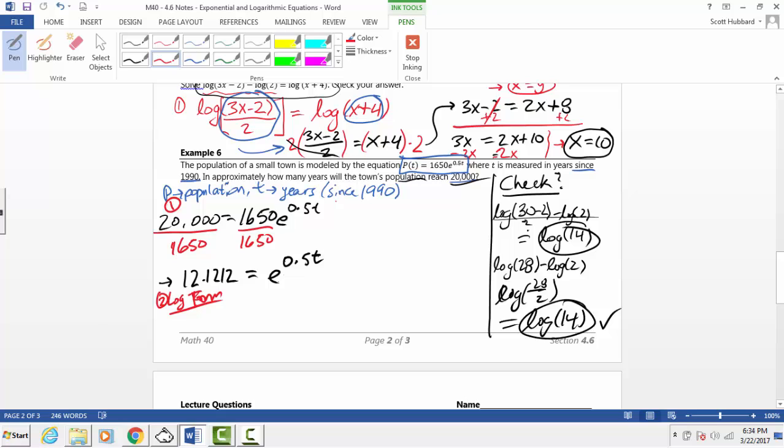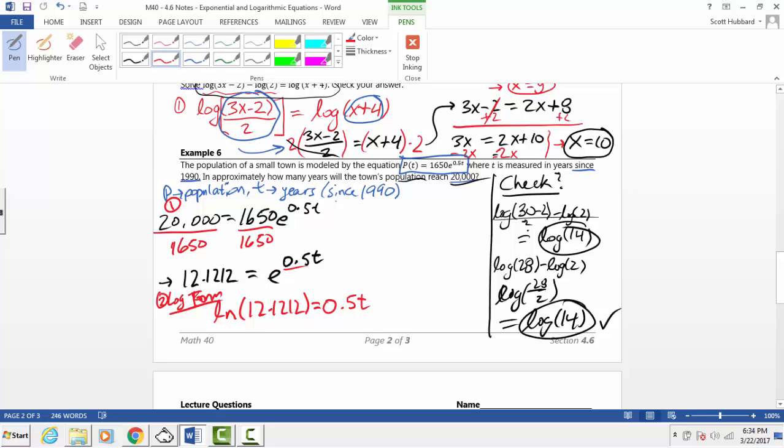And so remember, it's going to be log base e, so you're going to have ln of 12.1212. Okay, that has to equal the other side, the exponent. Remember, the exponent never goes inside the log. Okay, the exponent and the log get separated, they separate the base from the exponent.